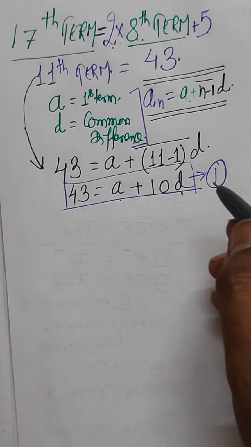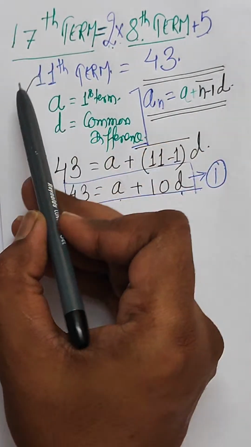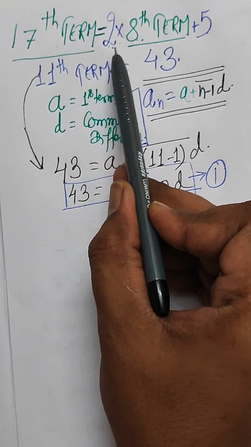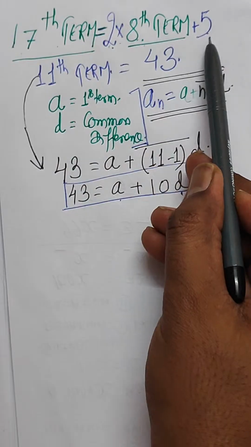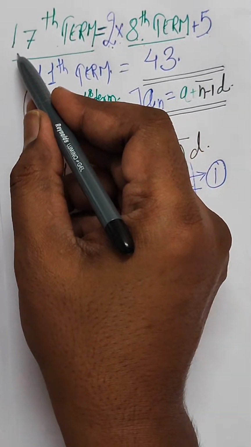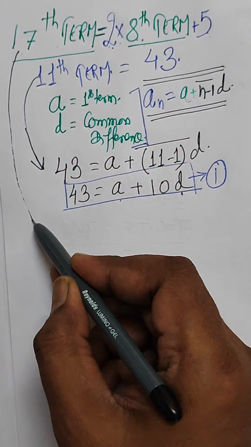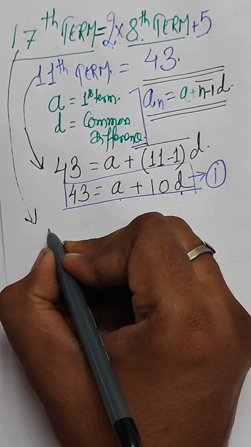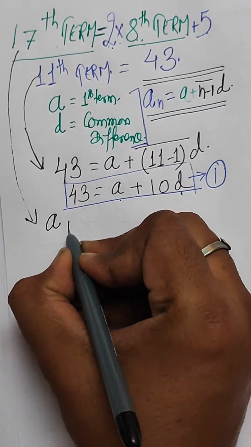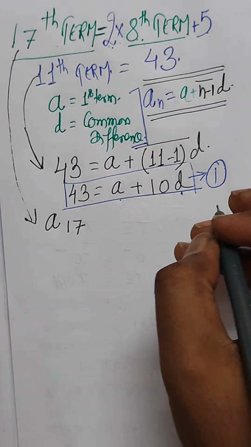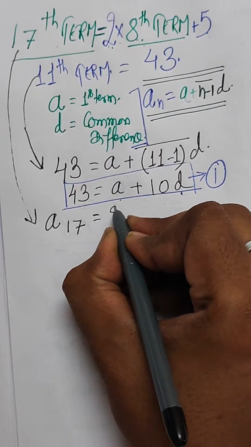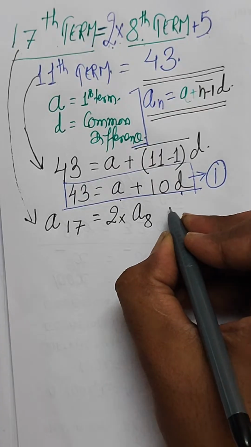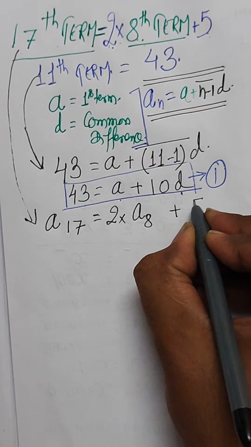Now the second relation given is that the 17th term of that AP is equal to 2 times the 8th term plus 5. So we will use the same relation. The 17th term can be written as A17, and this is equal to 2 times A8, that is the 8th term, plus 5.